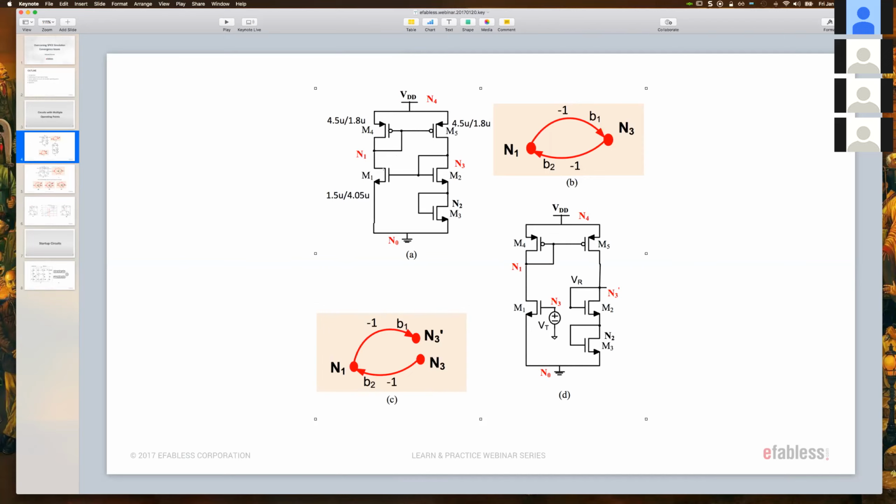Here, you look at the nodes and what they're doing, and they're saying that between node 1 and 3 there is a feedback loop, where if node 1 changes by a certain amount, it's a negative feedback. So when you change it, node 3 is going to respond negatively, and there's a closed loop here.